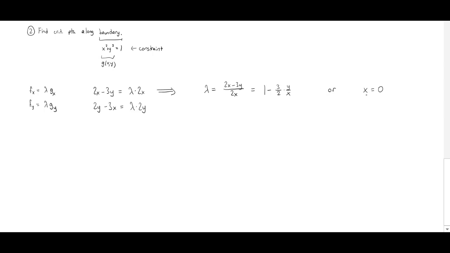Now if x is 0, then I can solve for y straight away in my constraint. So we just get x squared plus y squared equals 1, so y is plus or minus 1. That gives me x is 0, y is plus or minus 1. Those are two points that I'm going to check later to see if they might be the max or the min.